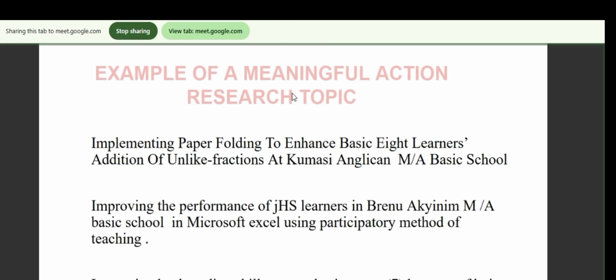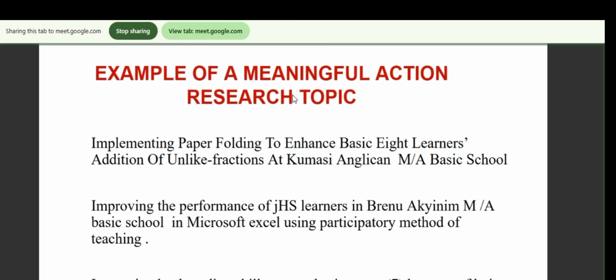So let's look at some examples of a meaningful action research. One, implementing paper folding to enhance basic 8 learners' addition of unlike fraction at Kumasi Anglican MA Basic School. Let me start with the explanation that I gave earlier.